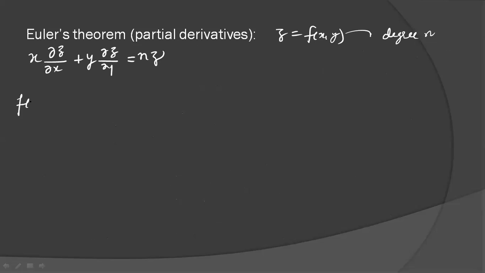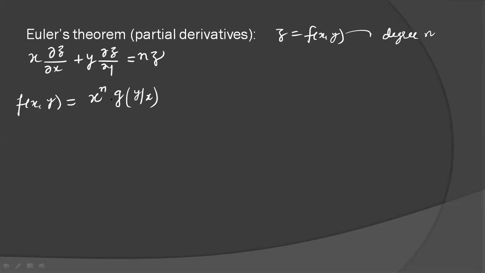I told you if f(x,y) is a homogeneous function, we can write it in the form x^n g(y/x), or y^n g(x/y). In that case, because we take x^n common, x will be in the denominator in the remaining term, and if we take the highest power of y common, then y will be in the denominator of the g function. So this is also a form of homogeneous function of degree n.